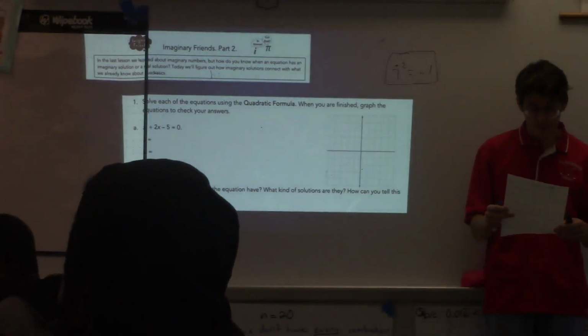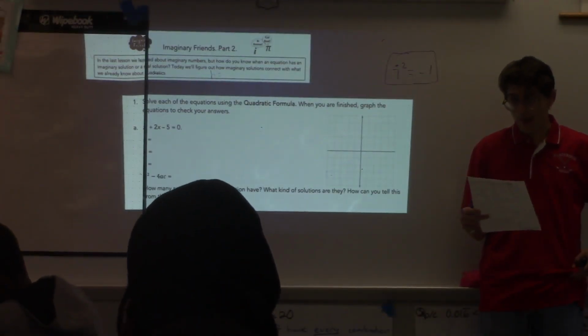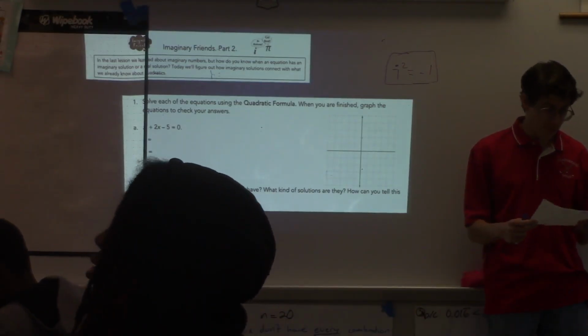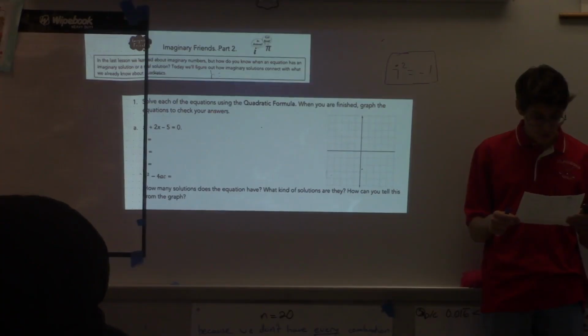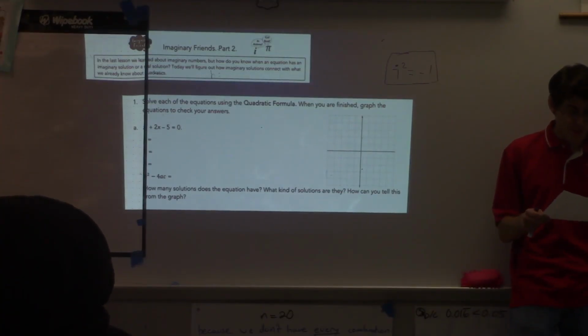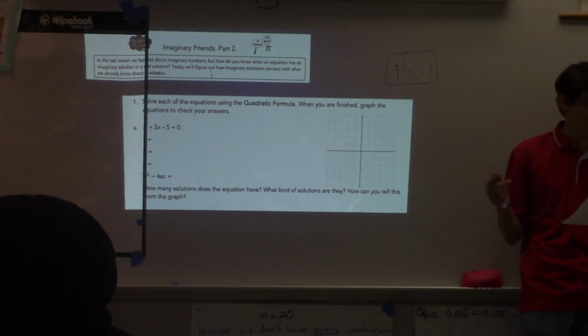So Mr. Kenny's handing this out. We're going to be working on our vertical surfaces in groups to tackle the first parts A, B, and C for number 1, and we'll start to go over them as we work through.